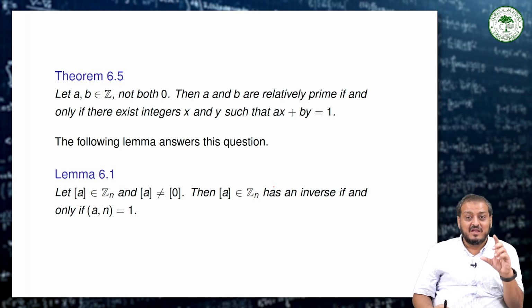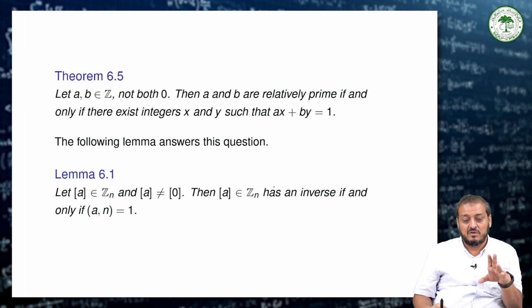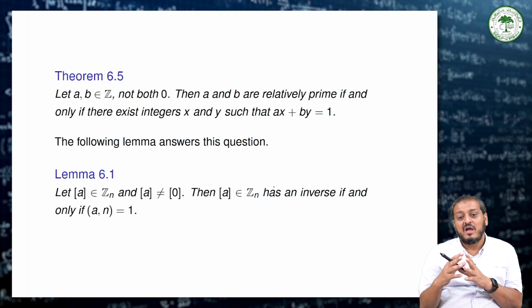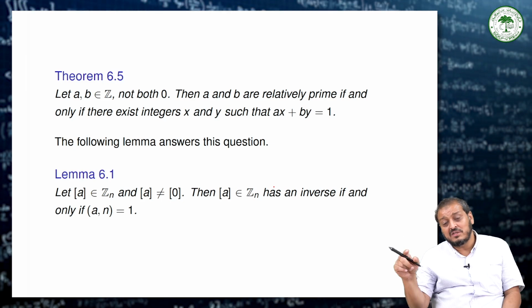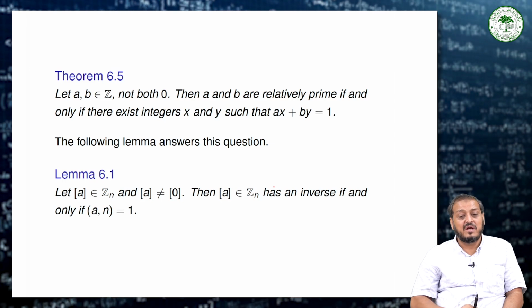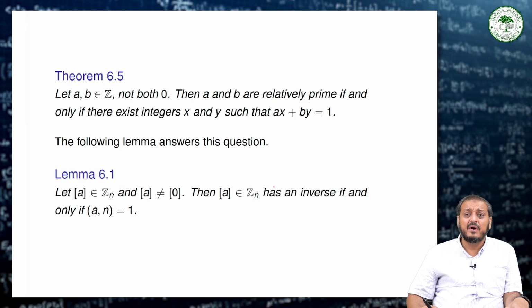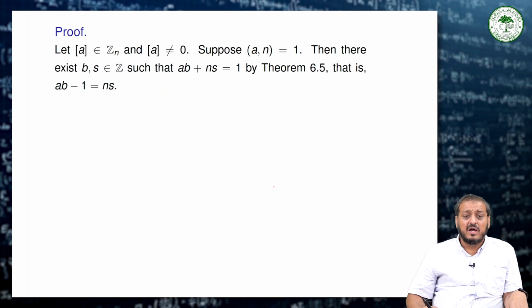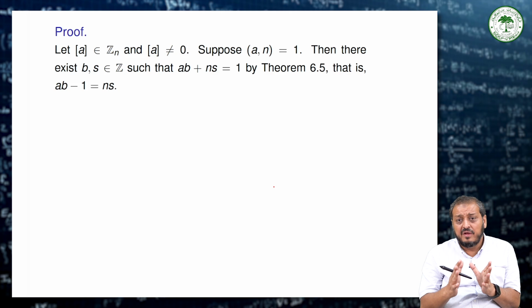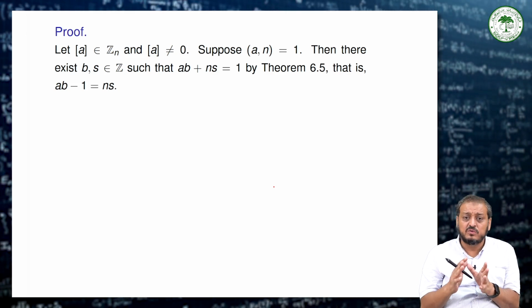So a has an inverse only if a and n are relatively prime. Let us prove this lemma.